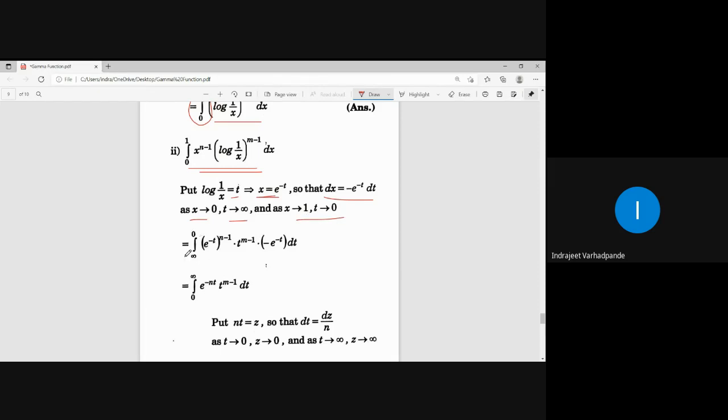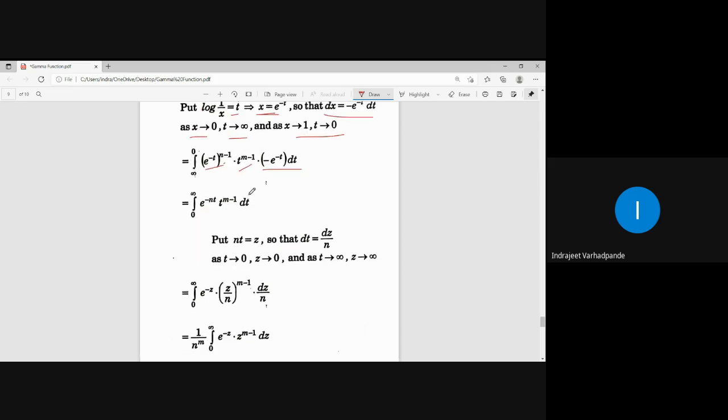Using proper substitution, you get the integral from infinity to 0, e to the power minus t raised to the power n minus 1, t to the power m minus 1 into this. Finally, I am left with the integral from 0 to infinity, e to the power minus nt, t to the power m minus 1. But in the exponential term, it should be a single, plain, simple linear variable.